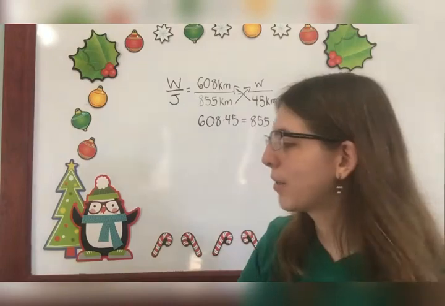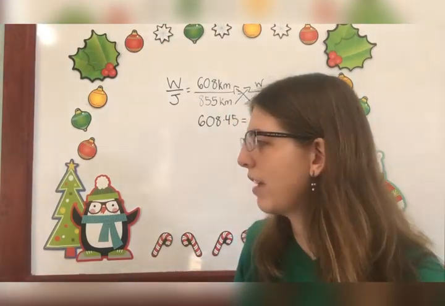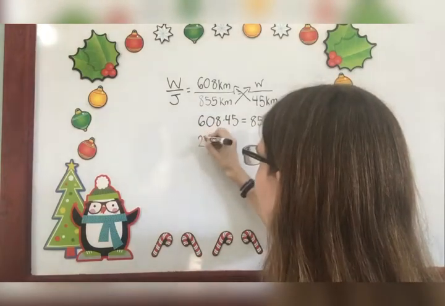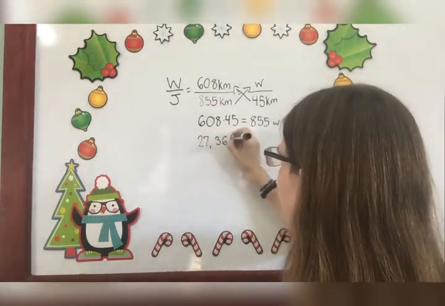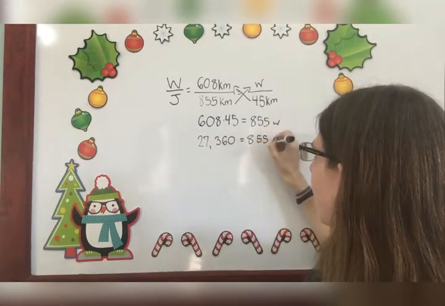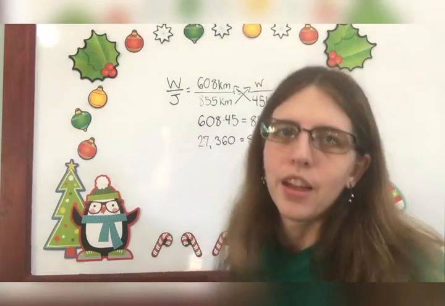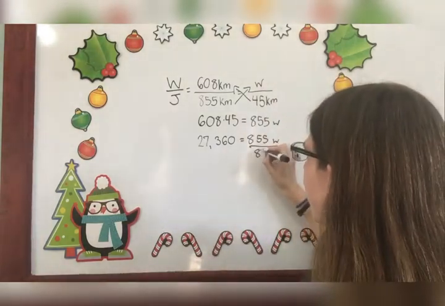Okay, so I'm going to start with 608 times 45. That is 27,360 equals 855 W. To solve for W, I have to divide both sides by 855.